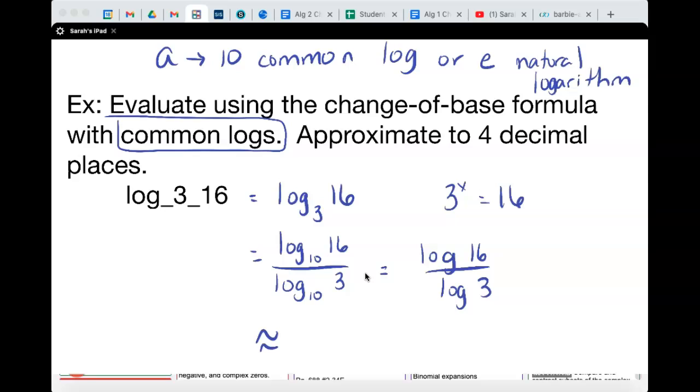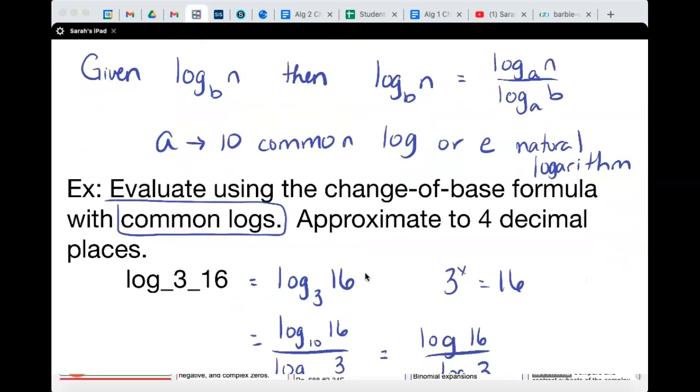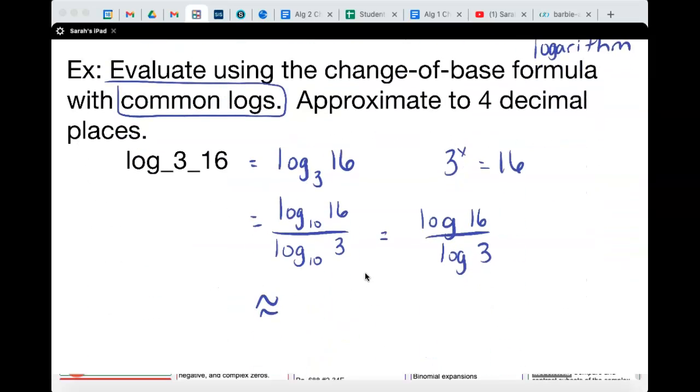And you have your log buttons off to the left side, like the number 7 and 4. Yeah, that's what I got.